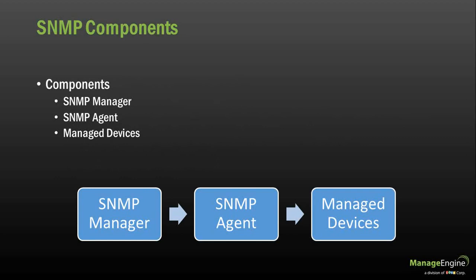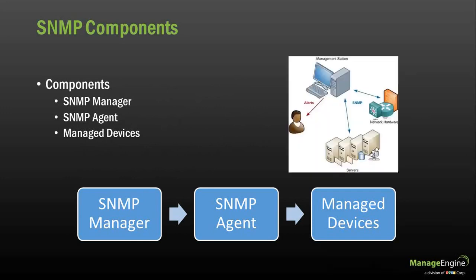The main components of SNMP are SNMP Manager, SNMP Agent, Managed Devices, and Applications. The image that floats to your right is a typical SNMP architectural diagram within an IP network.